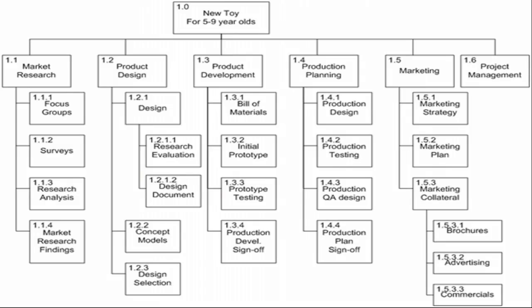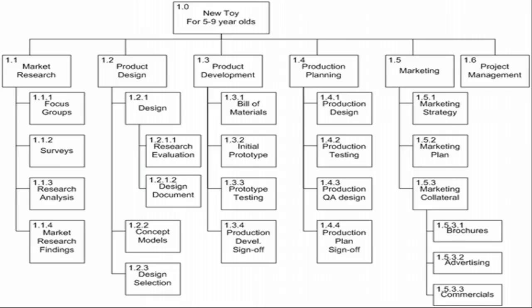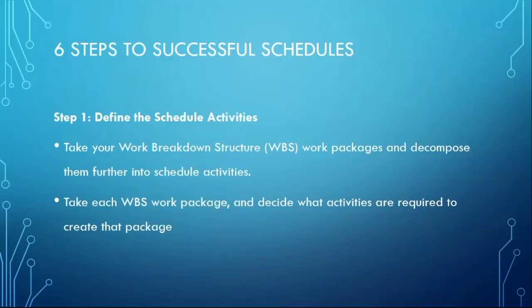The work packages include the market research, the product design, the product development, production planning. These are the work packages. Then scheduled activities, which is the work breakdown we talked about, make up each of these. The focus group, the survey, the research, and the rest of them. So we split them down like that.